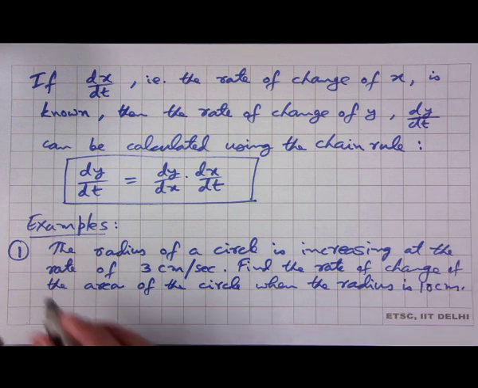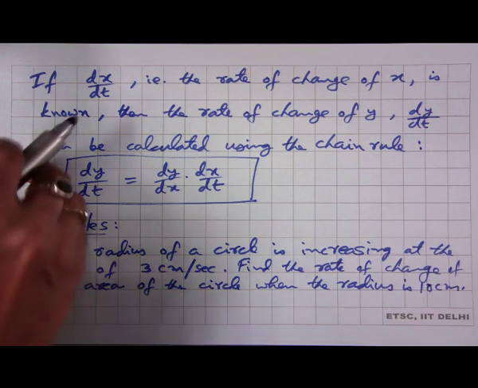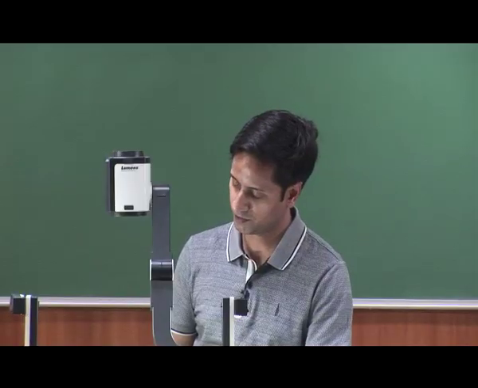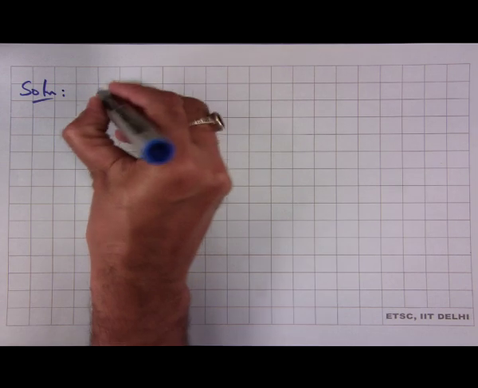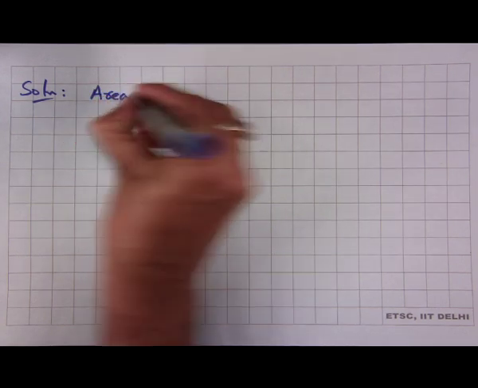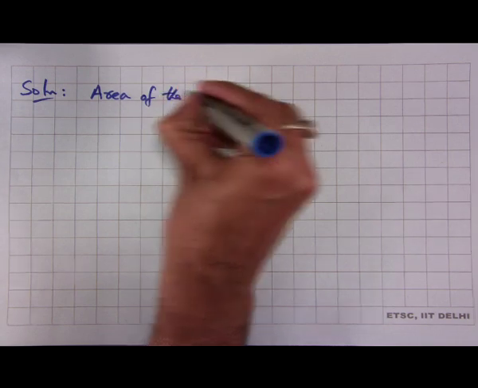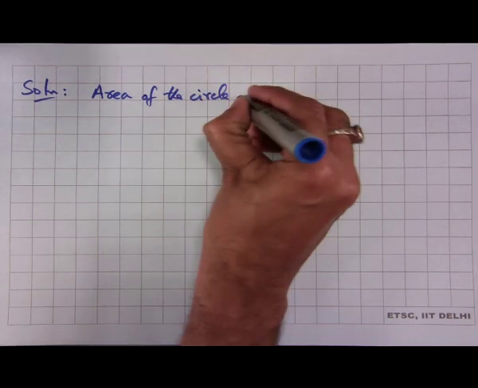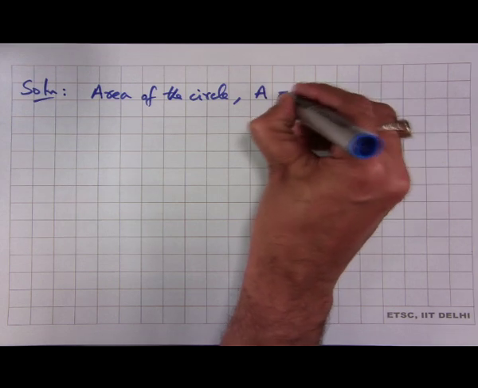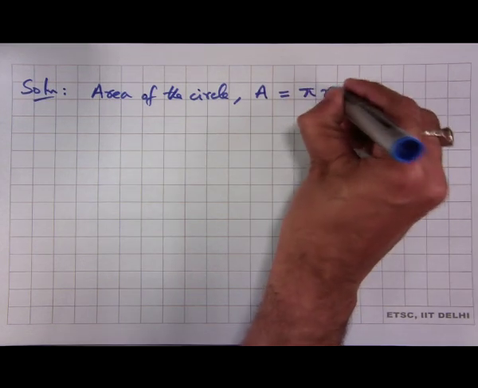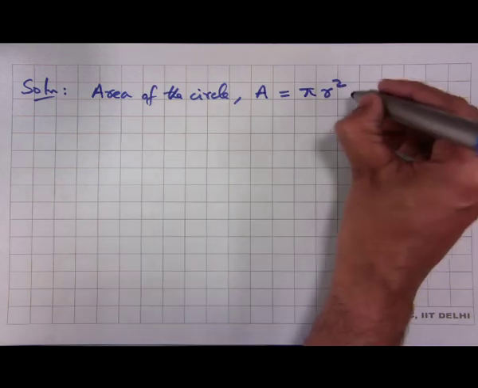So, here we have two quantities, one is radius and another is area. We know that area of the circle, let me write A, is given by pi r square, where r is the radius of the circle.